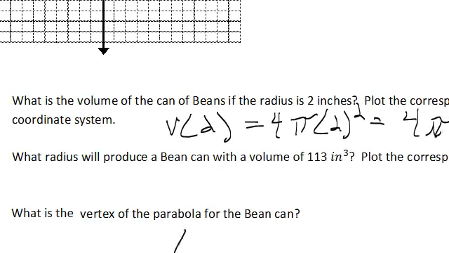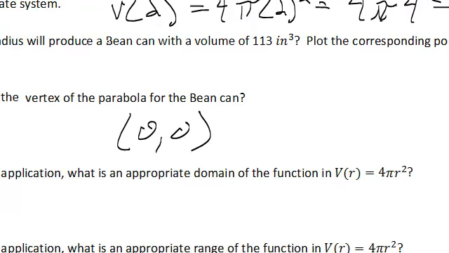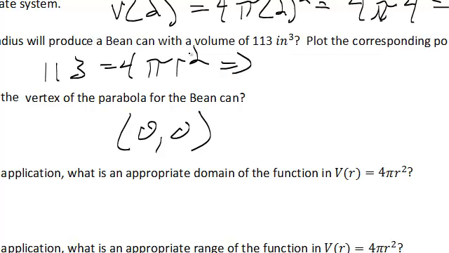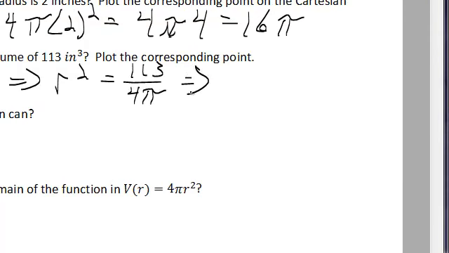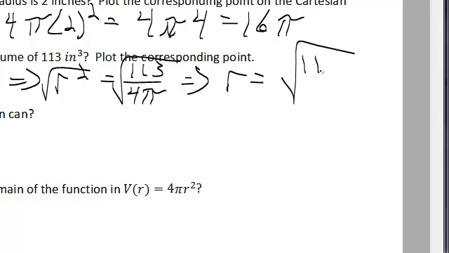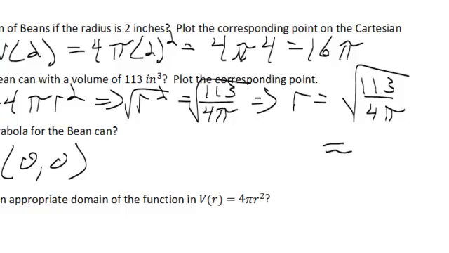What is the vertex of the parabola? Well, it's actually 0, 0. What radius will produce a bean can with a volume of 113? So we're going to go 113 equals 4 pi r squared. We're solving for r, so we're going to divide both sides by 4 pi, and then square root both sides. We get r equals the square root of 113 divided by 4 pi, which is approximately, let's go to our calculator.